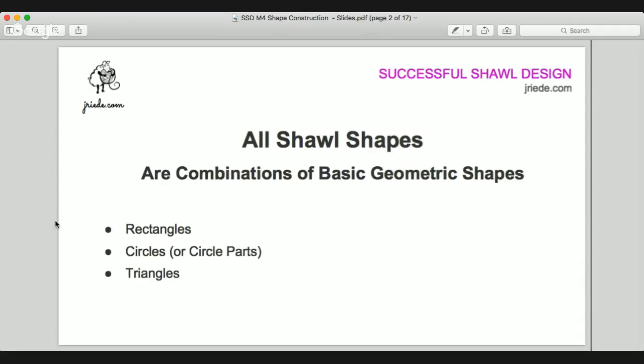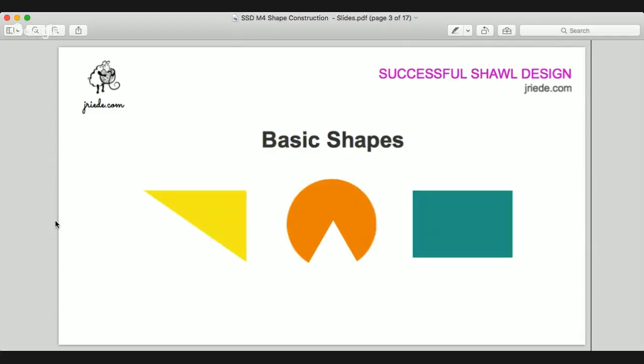All shawl shapes are combinations of basic geometric shapes, which are rectangles, as mentioned already, circles or circle parts like circle segments or rings or things like that, and triangles. So to have a bit more of a graphic view, you see a triangle on the left side in yellow.